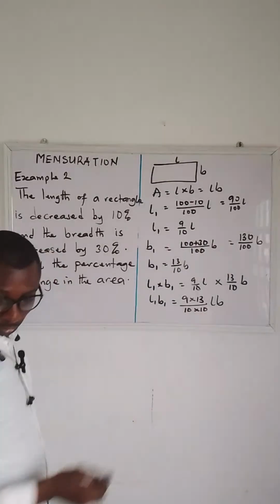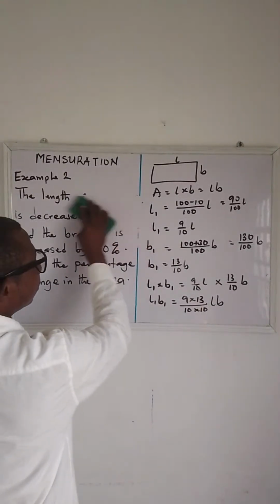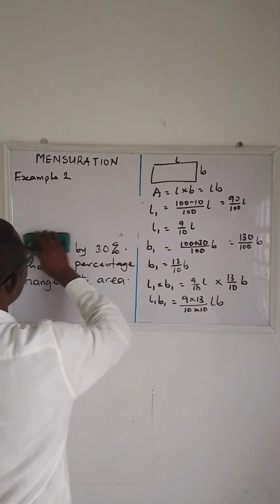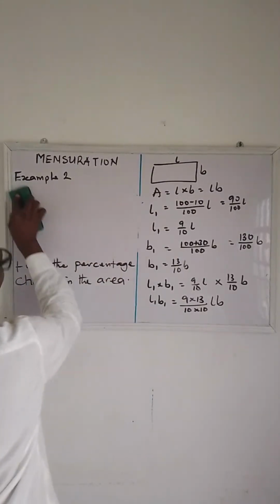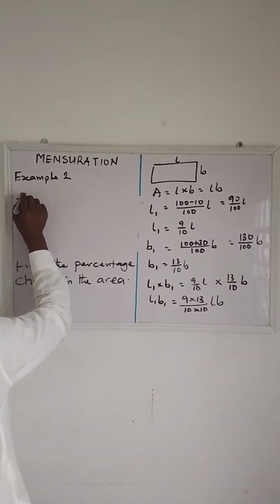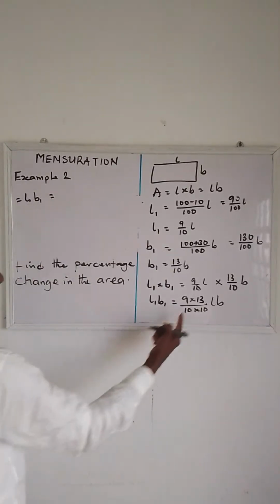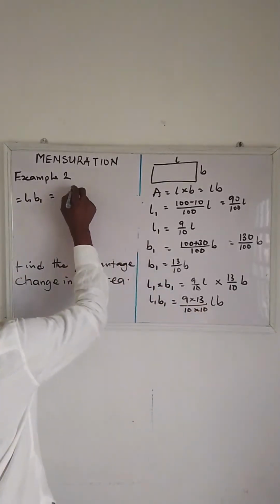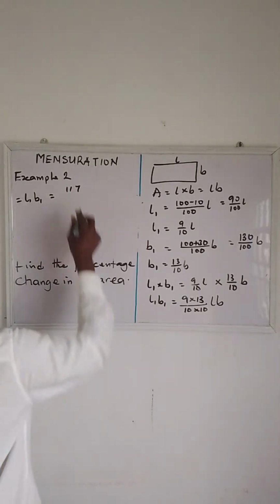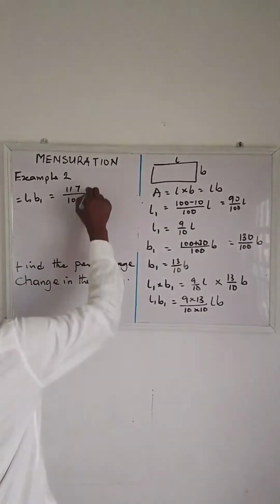So now let us join the two together. What do we have? Now we have L1 B1 equals, let's multiply these together, 9 times 13, that is 117, over 100 LB.